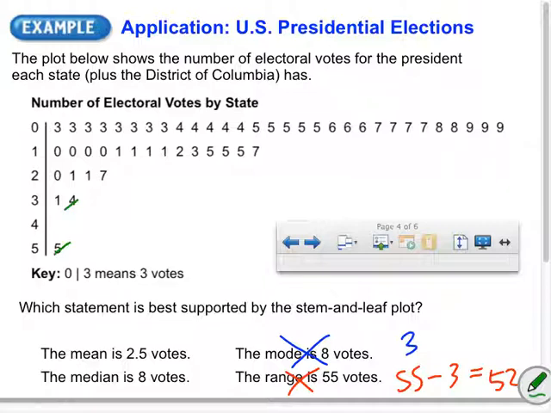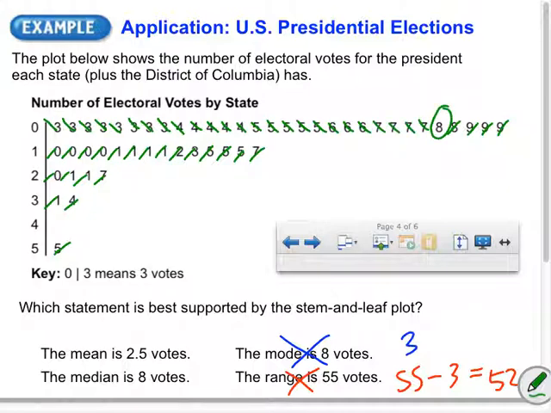So 1, 2, 3, up to 25. Now on the other side, I should have 25 also. 1, 2, 3, up to 25. And look at what is smack in the middle, because we have an odd set. It's 8.